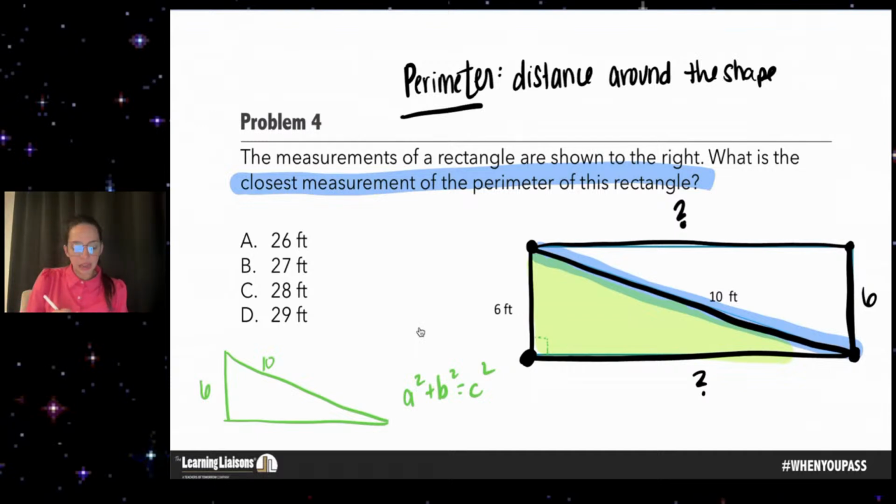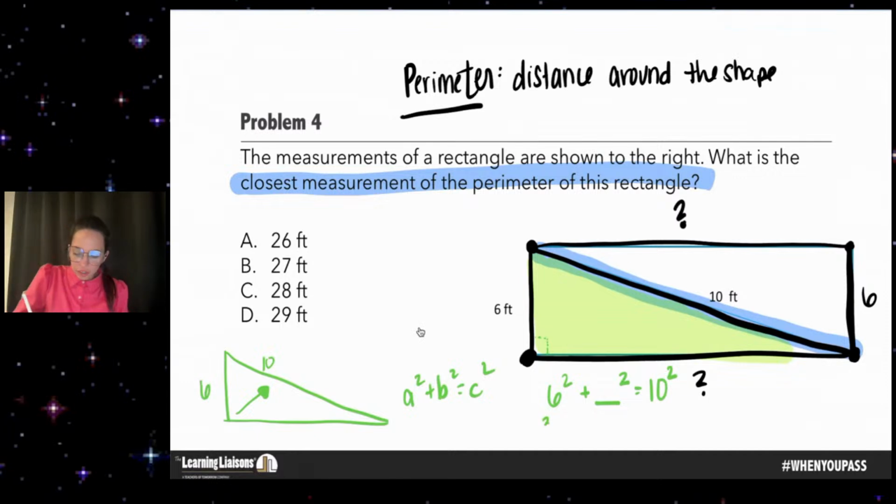So that said, if this side is 6, then I have 6 squared plus blank squared equals 10 squared. Why didn't I do 6 squared plus 10 squared equals blank squared? Because the hypotenuse is always C, and the hypotenuse is always across from that 90-degree angle.